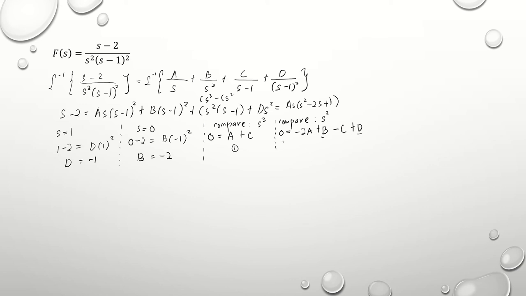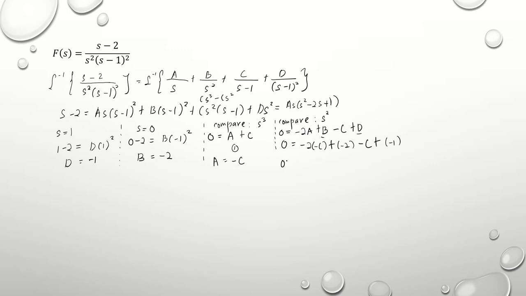Sorry. Then 0 equal to negative 2A, and our A is negative C, then negative C plus B negative 2, negative C plus D negative 1.